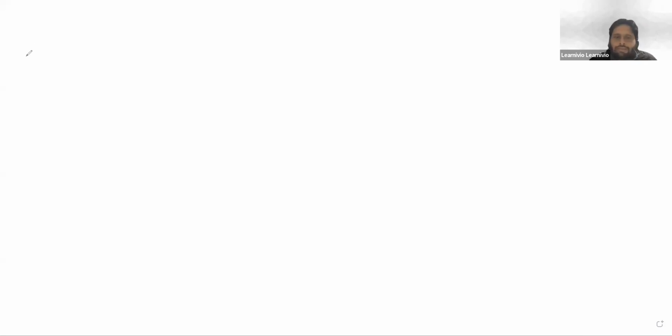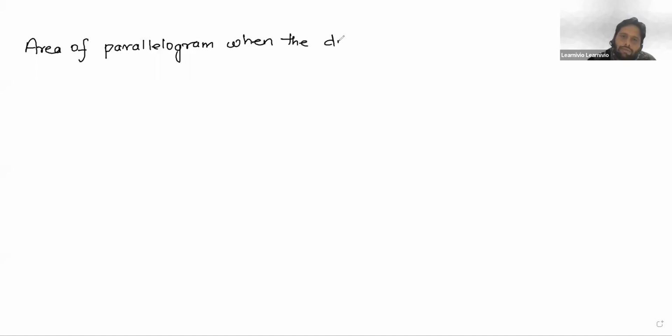Okay, in last class, we have done a formula of area of parallelogram. Now one more: area of parallelogram when the diagonals are given.